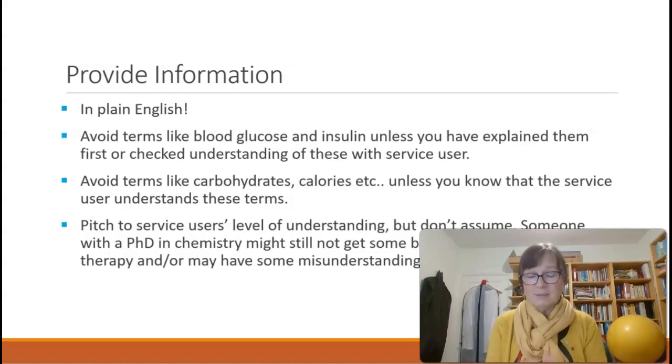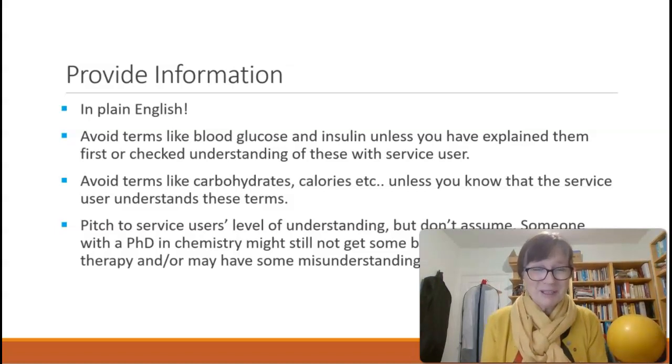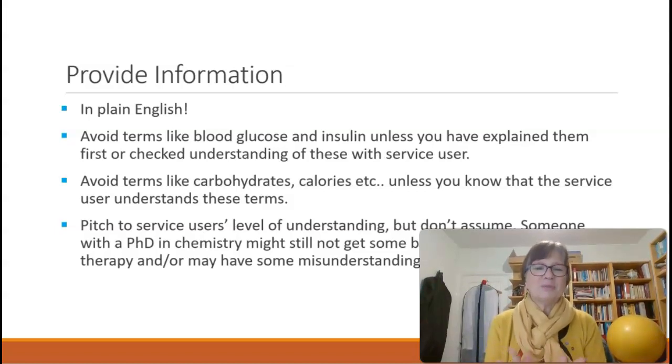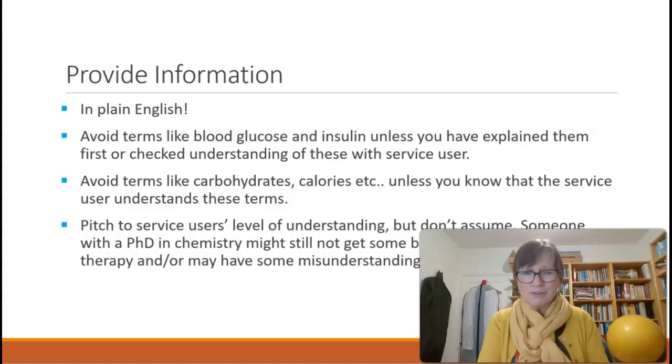Even things, just to warn you, I get really wound up if I hear people talking about carbs. Yes, we all know what carbs are, and a lot of people do, but not everyone does. So use words properly. Talk about carbohydrates. And what are carbohydrates? They're starchy foods and sugary foods. So we need to keep them in everyday language.